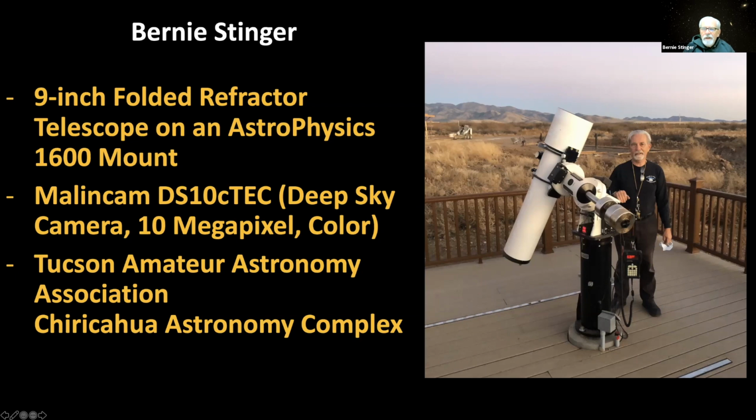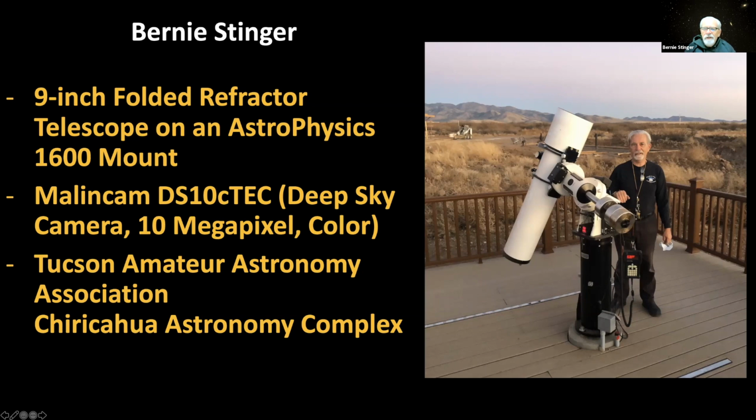Now this is on an Astrophysics 1600 mount. This is a high precision mount, and it has excellent tracking. So it's very, very nice to use, both visually and with cameras. The camera I'm using tonight is a Moravian DS10C with a thermoelectric cooler on it.